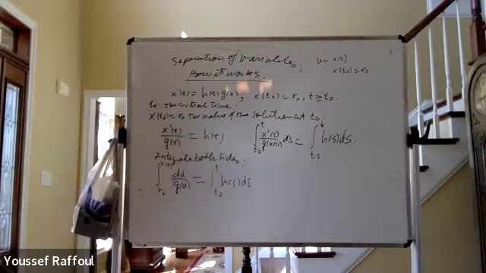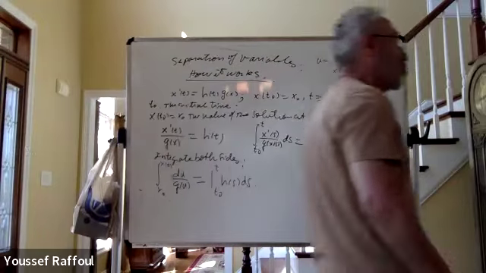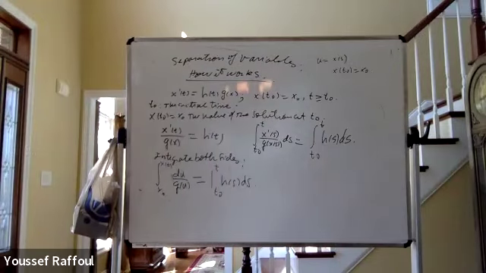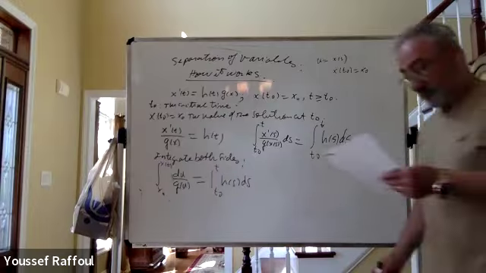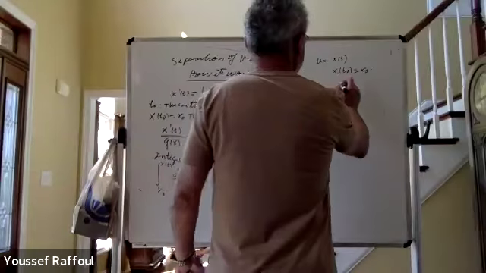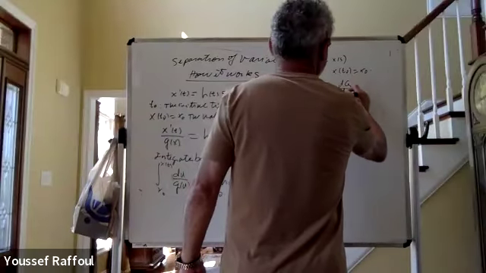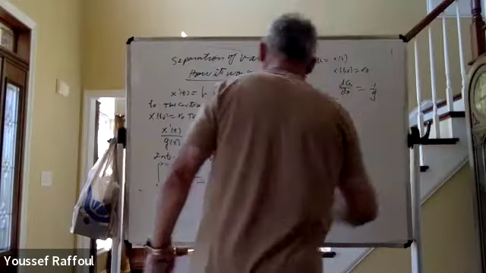I mean, we've all seen separation of variables, but I'm trying to show you why it works. So suppose we have dG over dx equal to 1 over g.